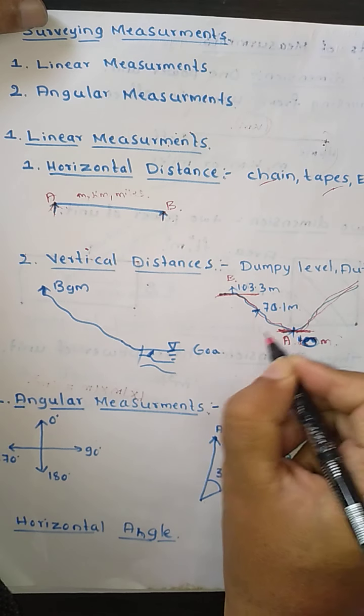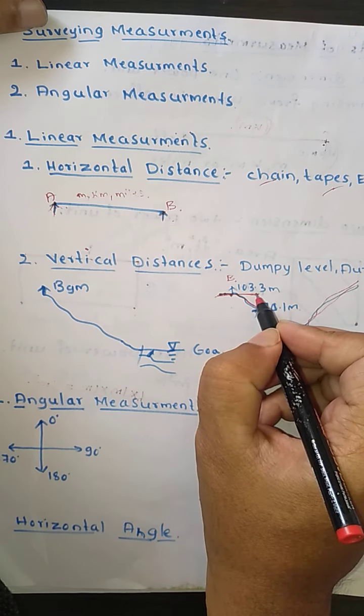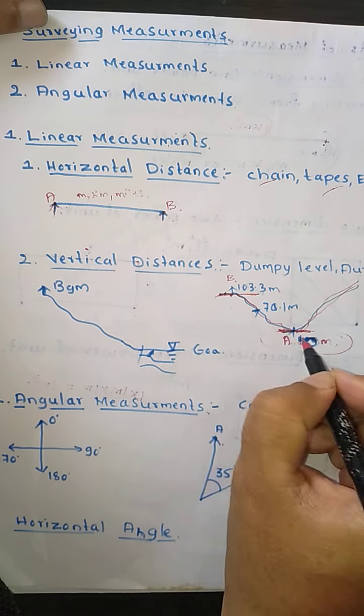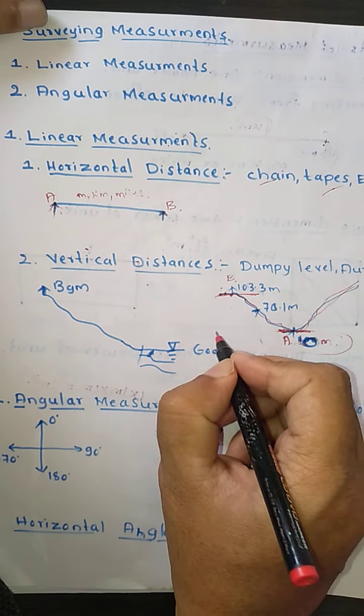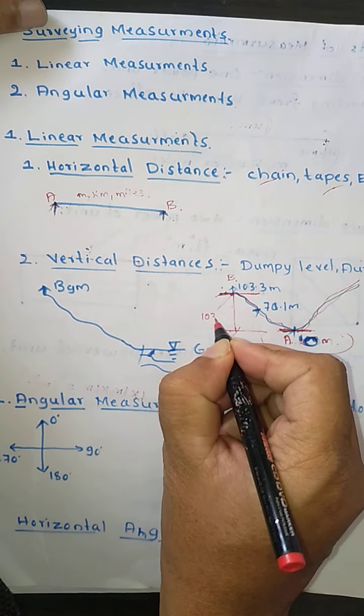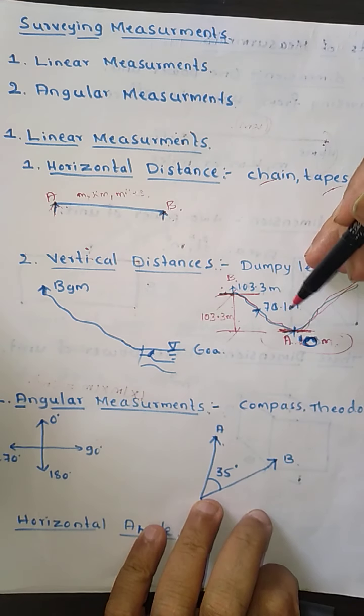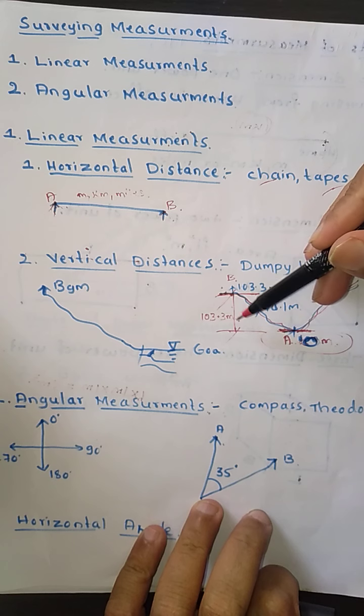This we have taken as the point of reference, and point B is 103.3 meters away from point A. That means the difference in elevation between point A and point B is 103.3 meters.